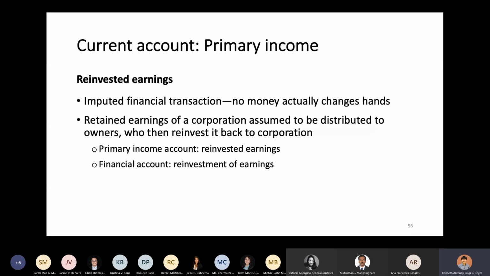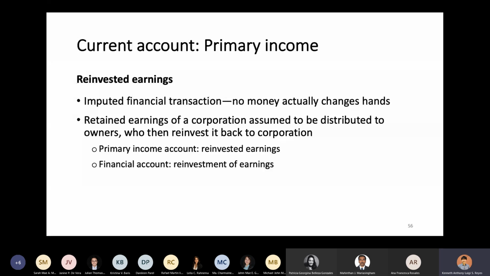So when a corporation makes money, part of that will be distributed as dividends, which is what we talked about before this, while the rest are assumed to be distributed and then reinvested back. So this is done in order to keep track of what respondents are earning in the country in question.